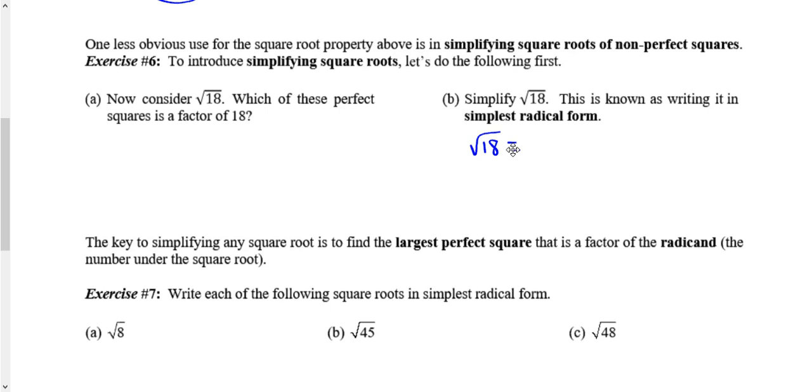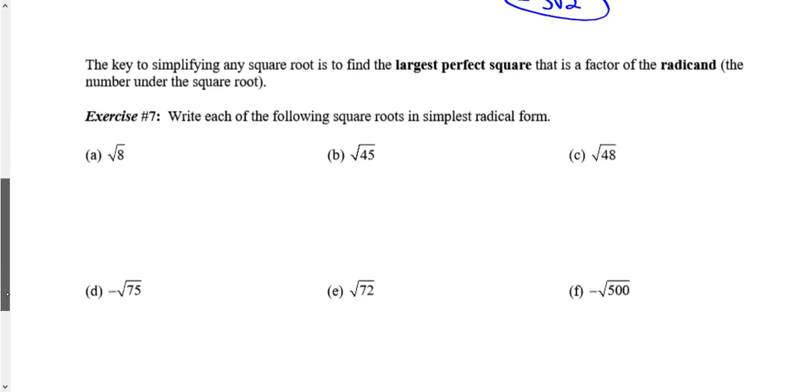Is it one of the numbers you wrote on that page? So stop telling me numbers that you didn't write. 9 times what? So I can rewrite this as the square root of 9 times the square root of 2, which equals 3 times the square root of 2. Simplest radical form, SRF. All right?